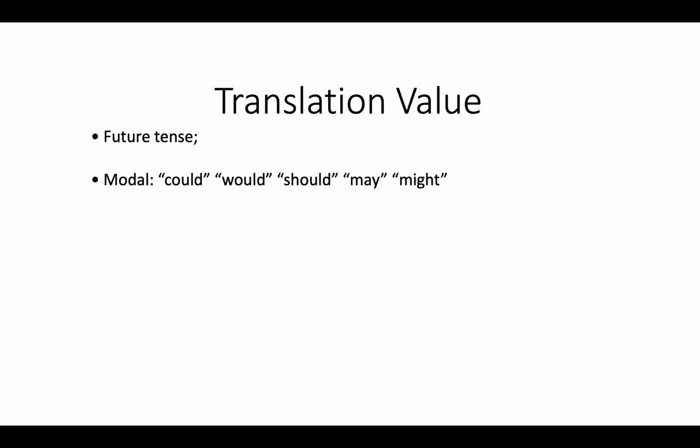You could say something like, when the king was alive, he would get up in the morning and take a walk to the beach every day. That sense of would, which is an event that happened continuously in the past, could be expressed in the same way in biblical Hebrew. But again, your default, your go-to tense should be future tense. But do keep these other possibilities in mind because they might add some special nuance to your translation that you're looking for.